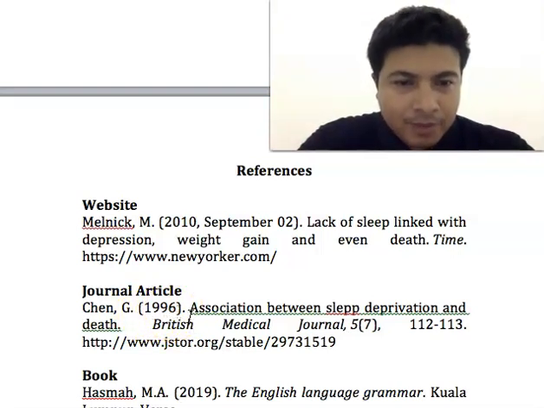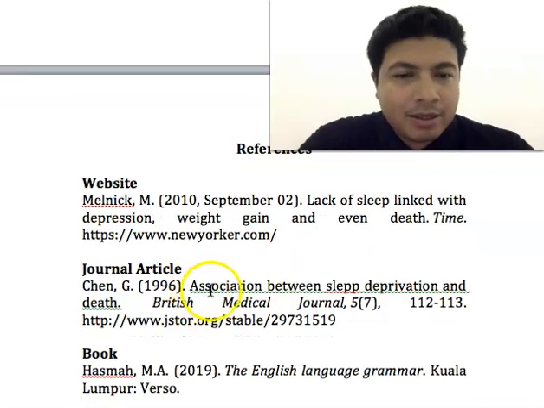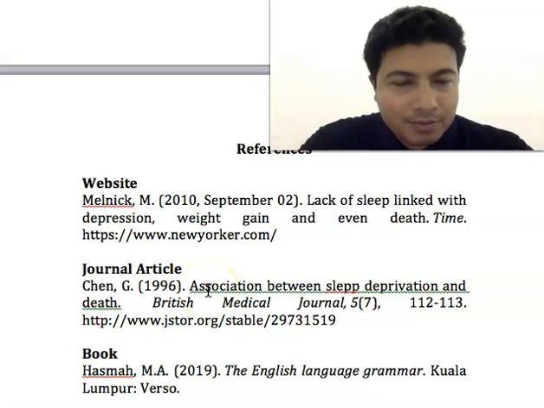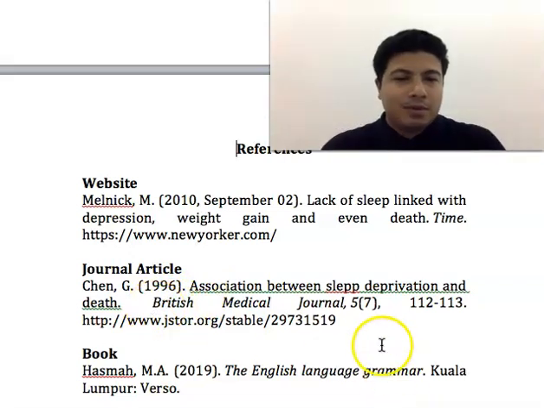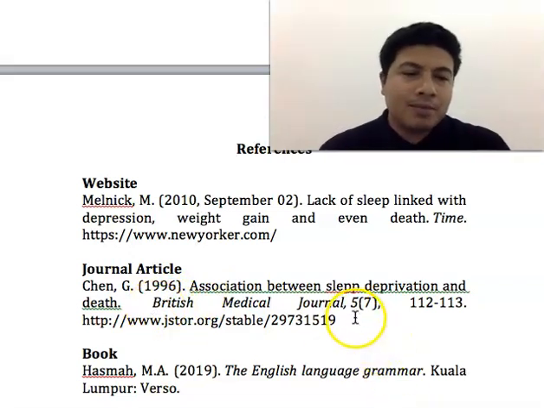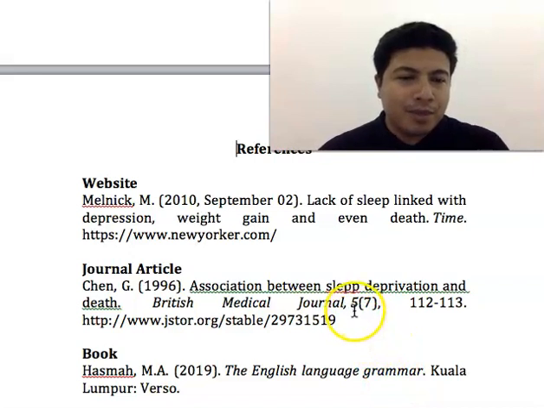full stop, and then the title of the article, full stop, followed by the name of the journal. So the article was published in British Medical Journal. And then followed by the volume and the issue.